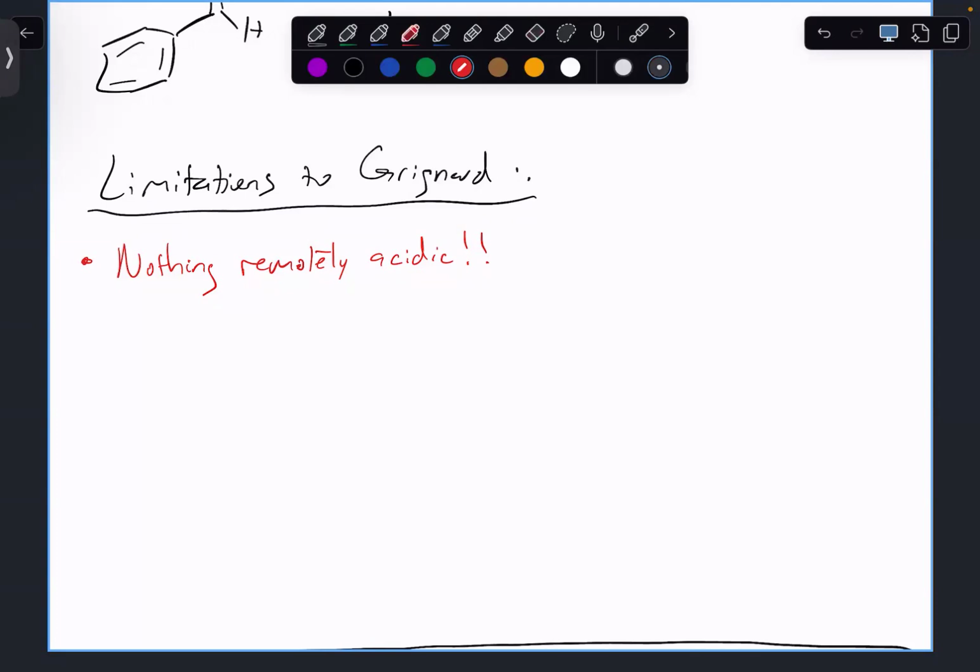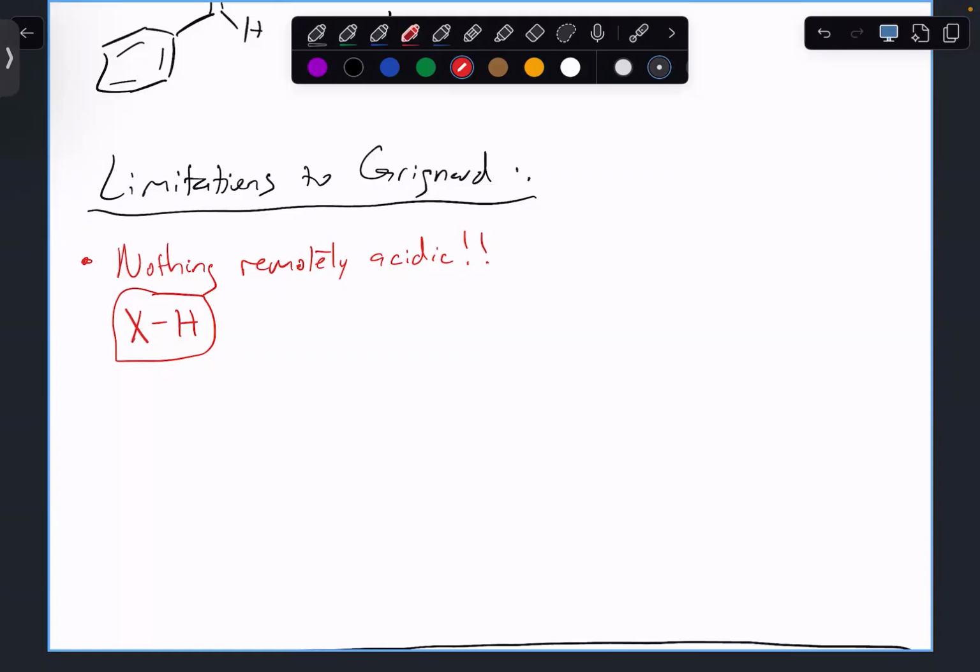When I say remotely acidic, what I'm really talking about is anything that is heteroatom-H. Think about what that means in a functional group sense. There are a lot of functional groups that have heteroatom-H.